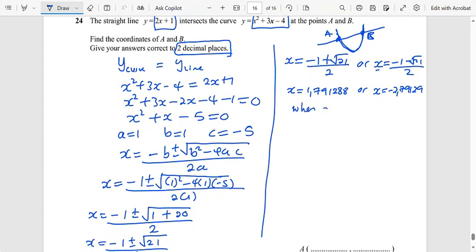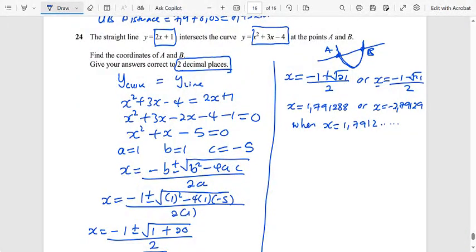So when x is equal to 1.7912 something, basically when I substitute x into either of my two equations, either the equation of the curve or the equation of the line, I'm going to find the y coordinate. But to make life easier for me, I'm going to use the equation of the line. So y would be 2x, which is 2 of 1.7912 dot dot dot, then plus a 1.